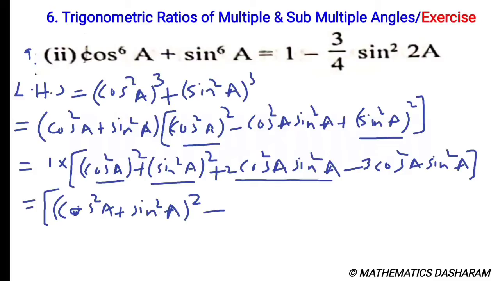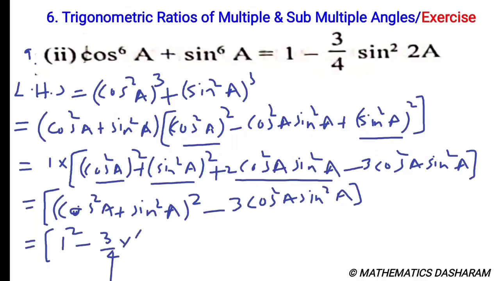Next, the remaining term is 3 cos square a sin square a. So it is equal to, same here it is our identity, so 1 square minus 3, here 3 can be written as 3 by 4 into 4. Okay, so here 4 cancels, again 3 will come as it is. Next, sin square a write first, cos square a write at second place.